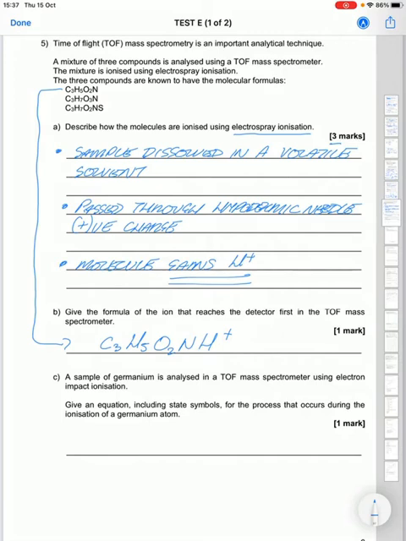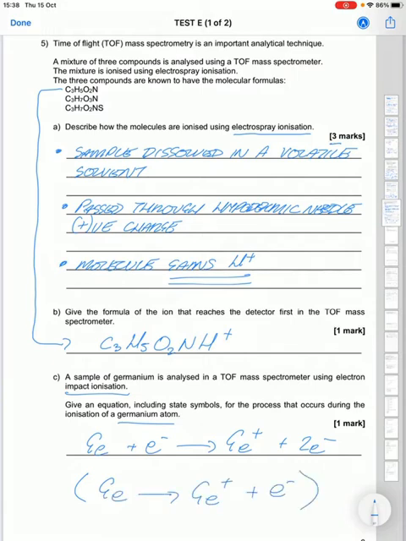And now we're looking at electron impact. So for a germanium atom, so that's going to be Ge plus e minus gives Ge plus 2e minus. You can cancel one electron out, which will just give you this. Either are fine.